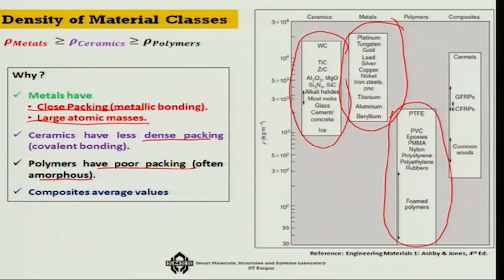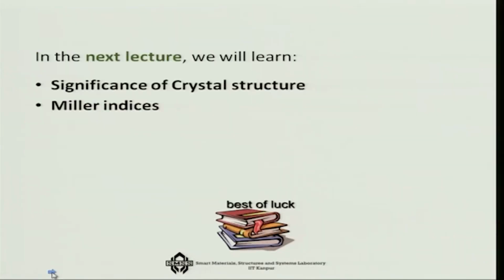And composites, since they are a mix of these things, are somewhere in the middle, because they may have some ceramics and some polymers. So, you will see a kind of average property in the composites. That is how, typically from the crystal structure, you can predict the density of the system.